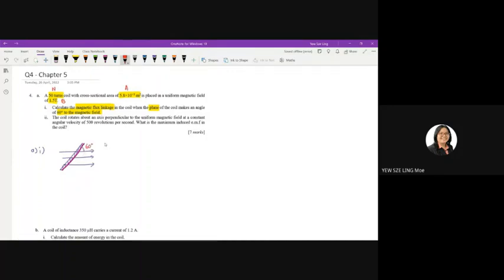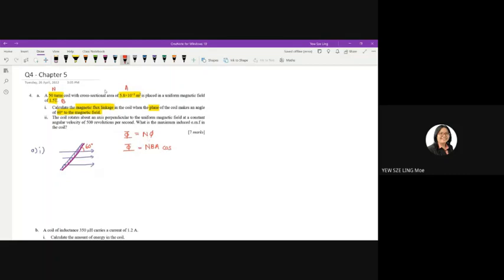So which means when it comes to our calculations of magnetic flux linkage, the equation for magnetic flux linkage, capital letter phi, equals NBA cos theta. Okay, where does it come from? Flux linkage is equal to N times flux, and phi equals NBA cos theta.